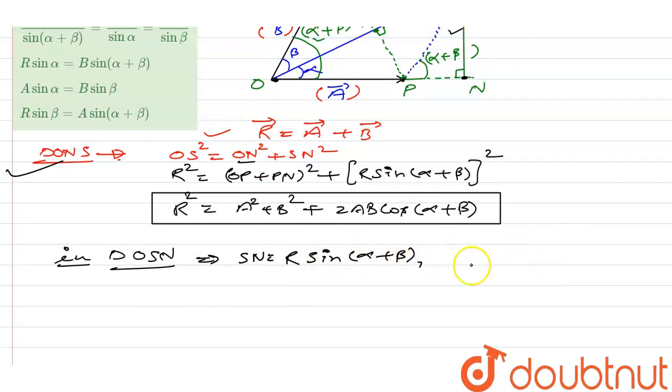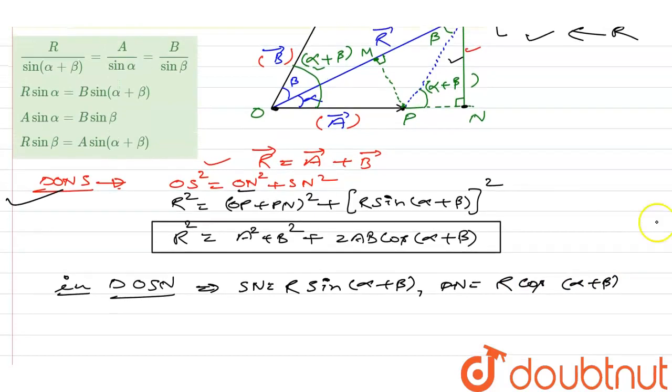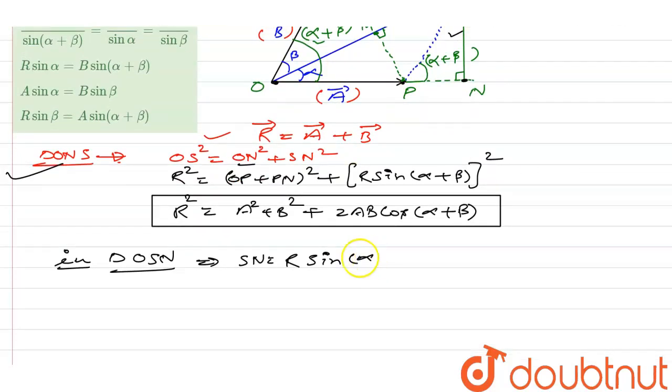And if we talk about PN, so PN will be r cos alpha plus beta. Okay, I think there is some problem. This is not r, so that will be SN is equal to r sine alpha.